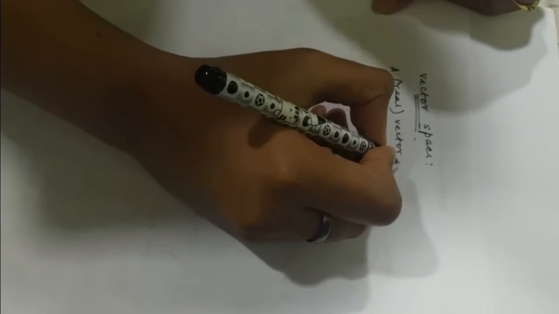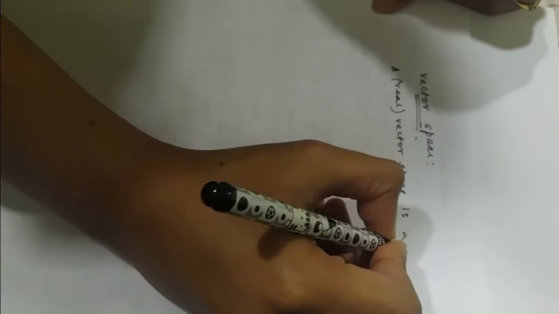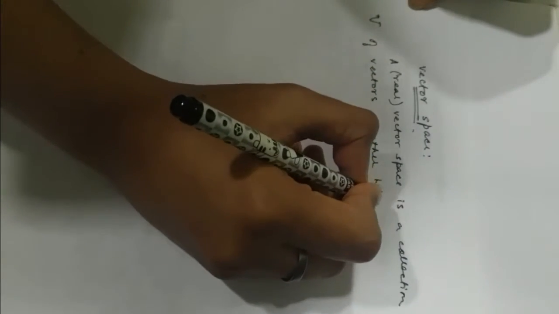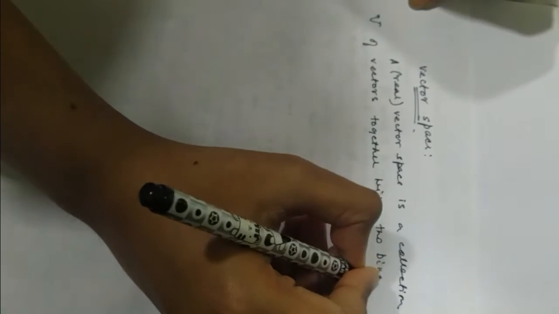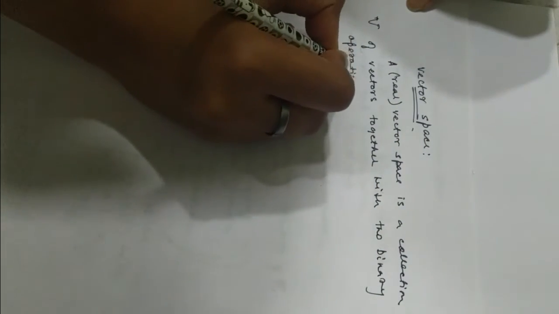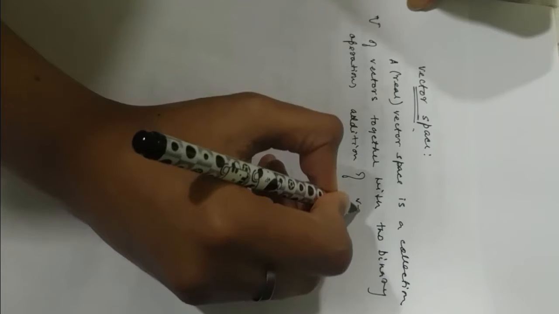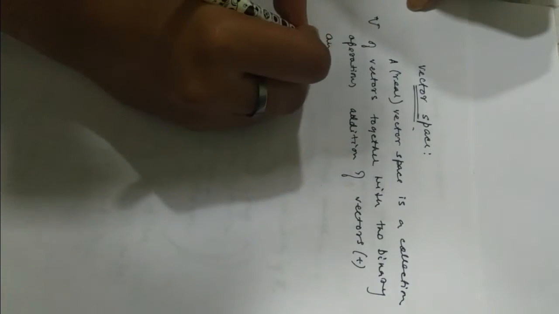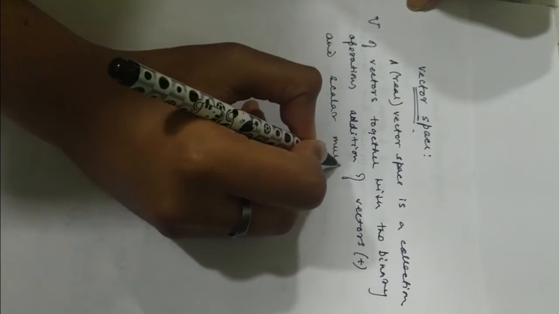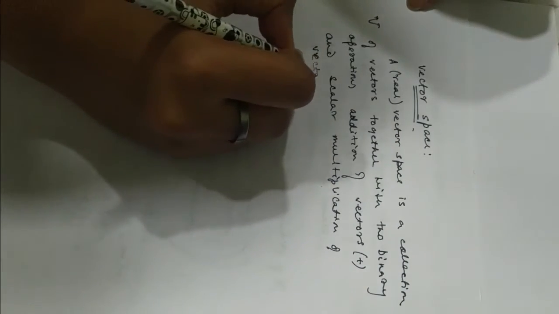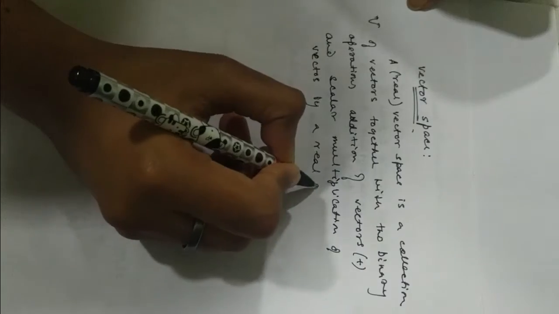A real vector space is a collection V of vectors together with two binary operations, addition of vectors and scalar multiplication, multiplication of vectors by a real number.